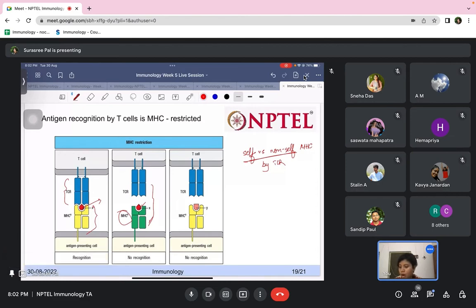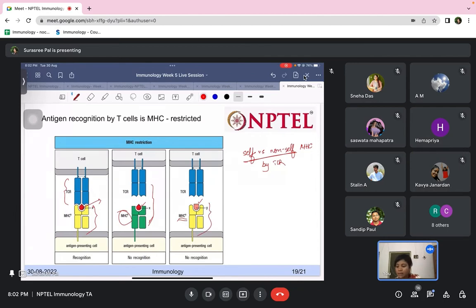Also, if my own MHC molecule binds to a peptide which it is not supposed to bind, then the TCR will not be able to recognize this MHC-peptide complex.